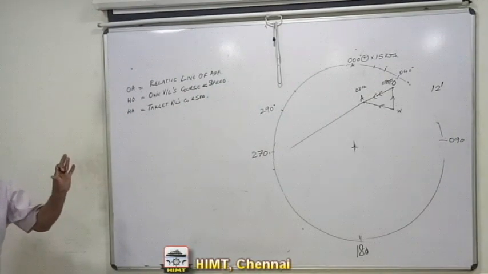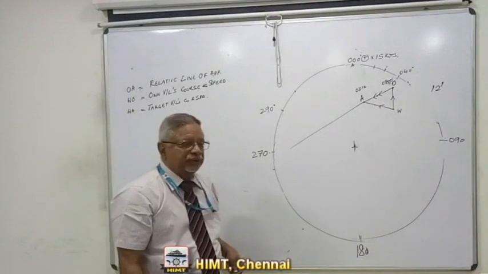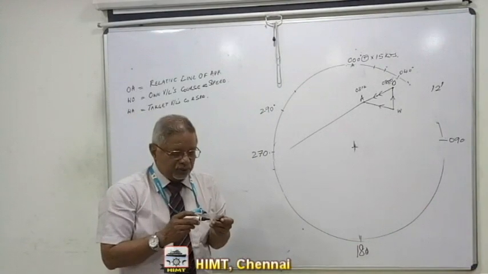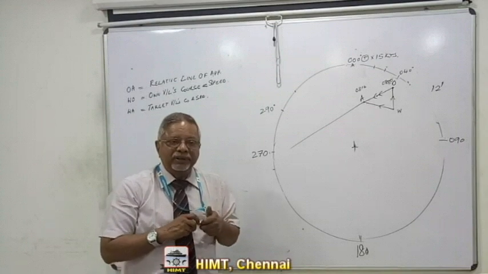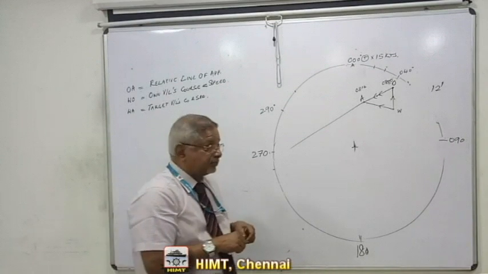That is as far as the triangle is concerned. Now we have extended this relative line of approach. From this, you can also find out CPA, TCPA.